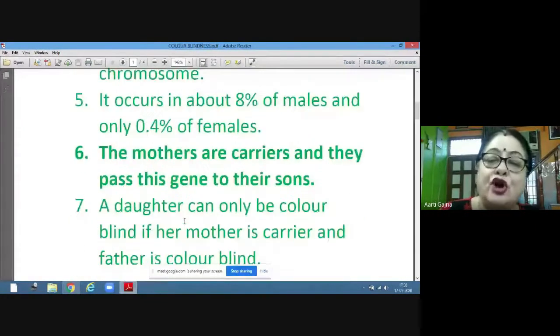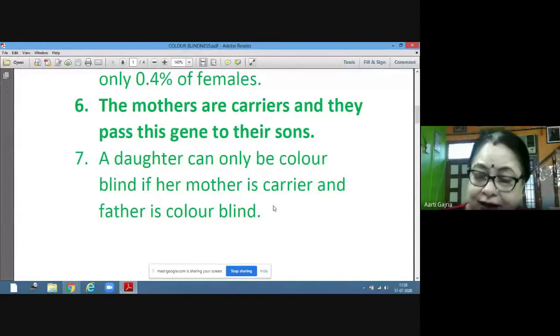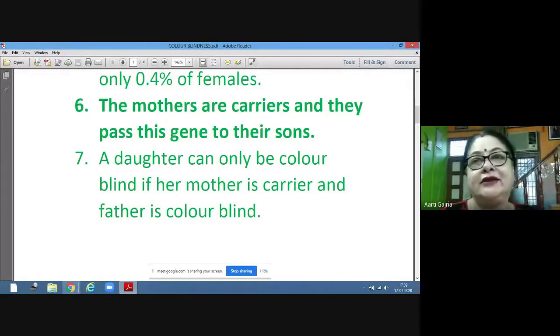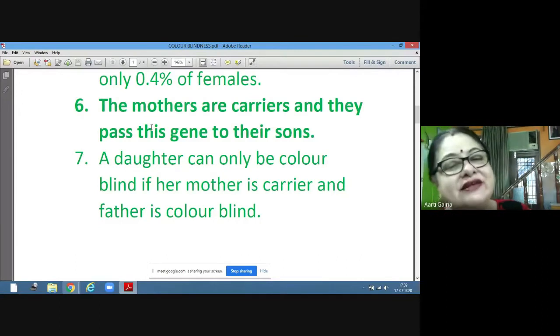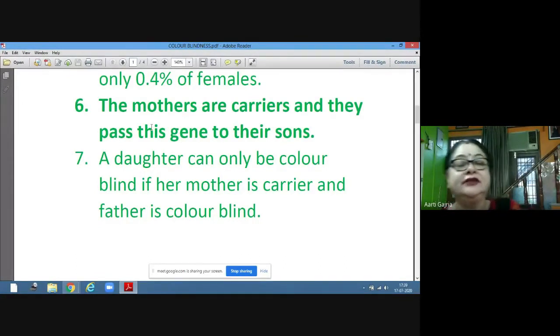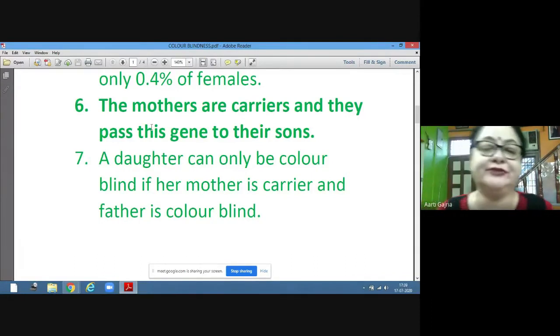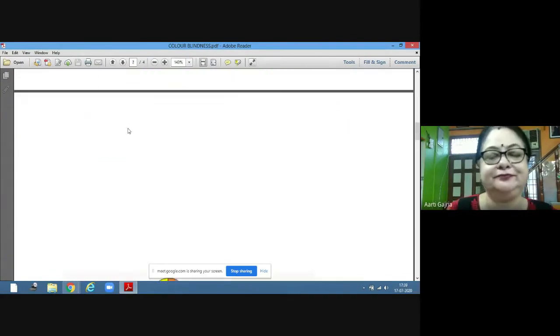The daughter can only be color blind if her mother is a carrier and her father is color blind. The father is color blind, that means the father has an X with the gene for color blindness, and the mother is a carrier, that means the mother is heterozygous, one dominant and one recessive. If both recessive genes come to the daughter, then the daughter would be affected by this disorder, that is color blindness.